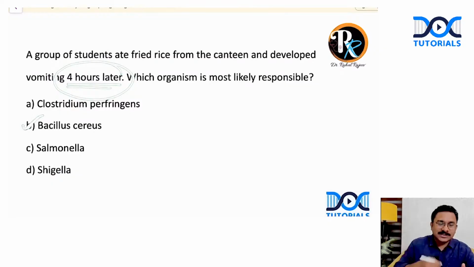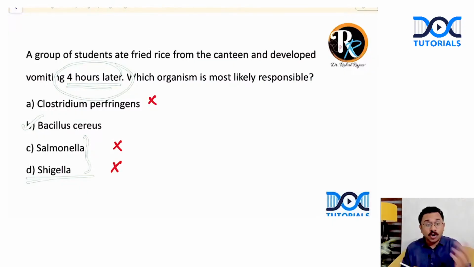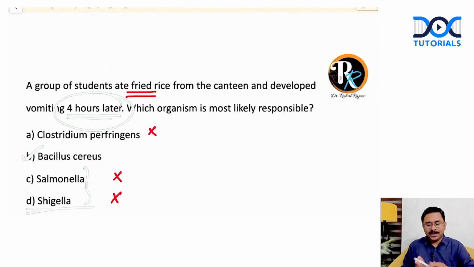That means there is preformed toxin, which is why the incubation period is less. Salmonella, Shigella, you will have a longer incubation period. Diarrhea will be a feature. Even Clostridium perfringens. All the other options will have a longer incubation period. Bacillus cereus will have a shorter incubation period. Fried rice contamination is quite common.